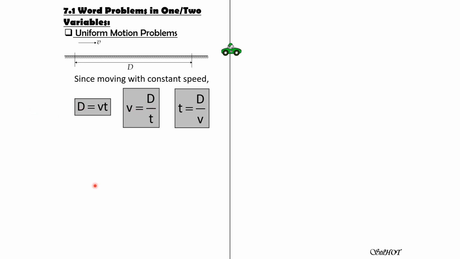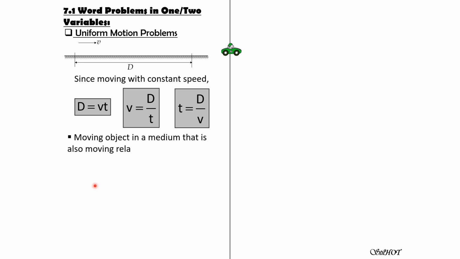For the case where the medium is also moving relative to the ground, the moving object is in a medium that is also moving relative to the ground, such as an airplane.